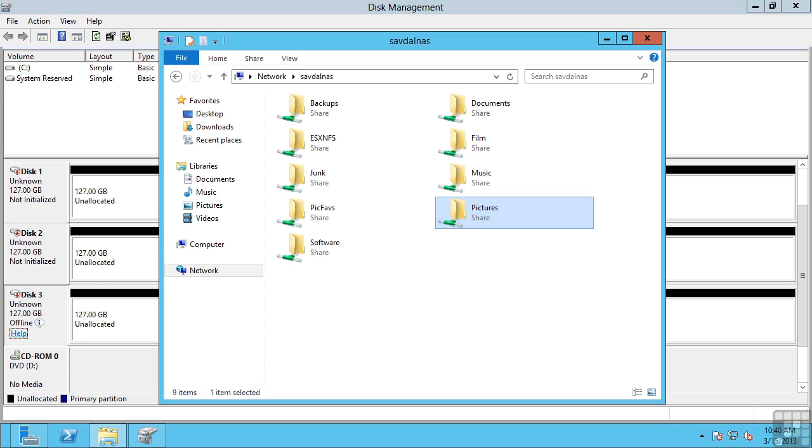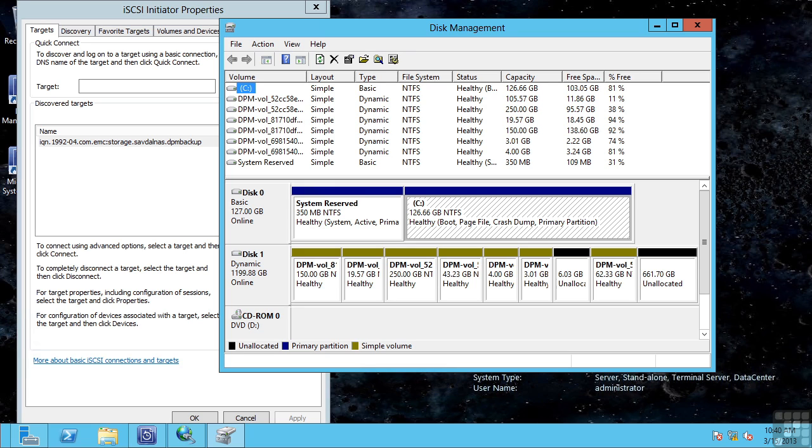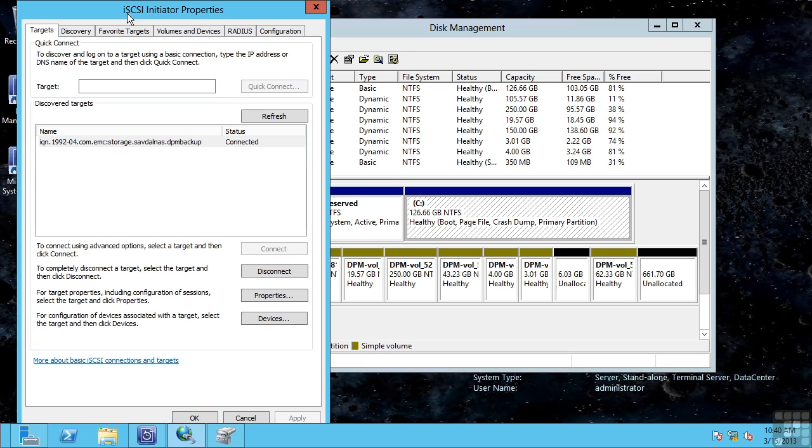If I require a cluster to have access to shared storage, I'm going to utilize a SAN typically as that backend storage. And the difference between a SAN and a NAS is my machine is using that SAN storage connecting via iSCSI, for example, or Fibre Channel. As you can see here, I'm connected to an iSCSI target.